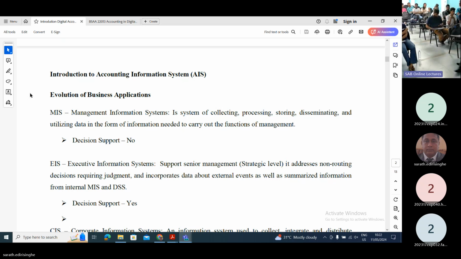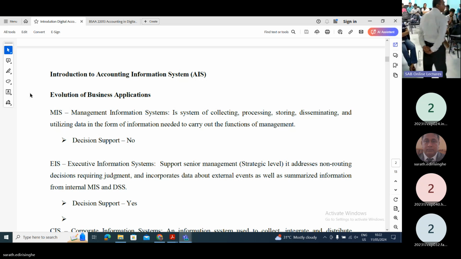Before moving to enterprise resource planning, I will teach you how to develop an enterprise resource plan. Basically, the enterprise resource plan, ERP, was developed on five things, including the accounting information system and the business planning system.